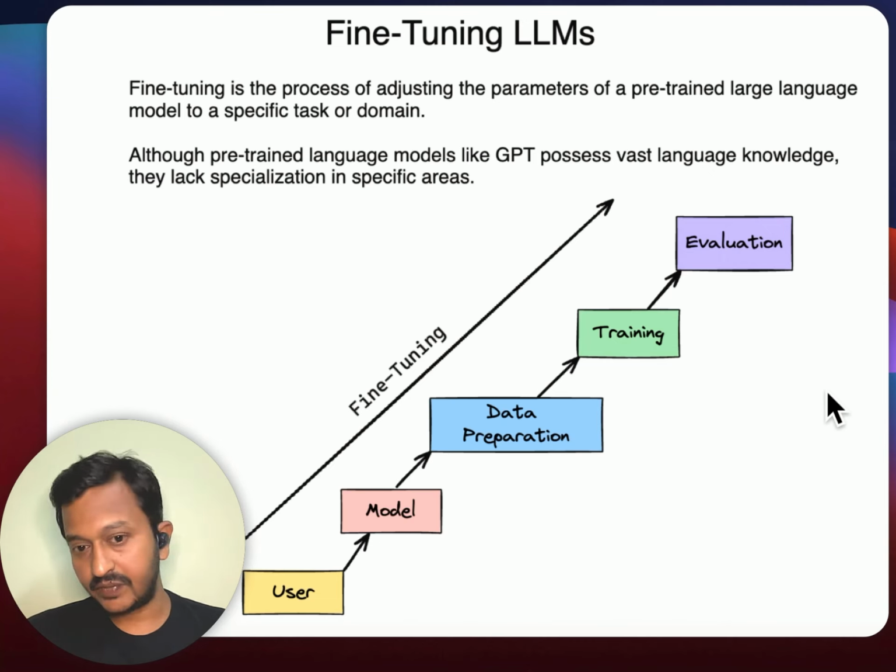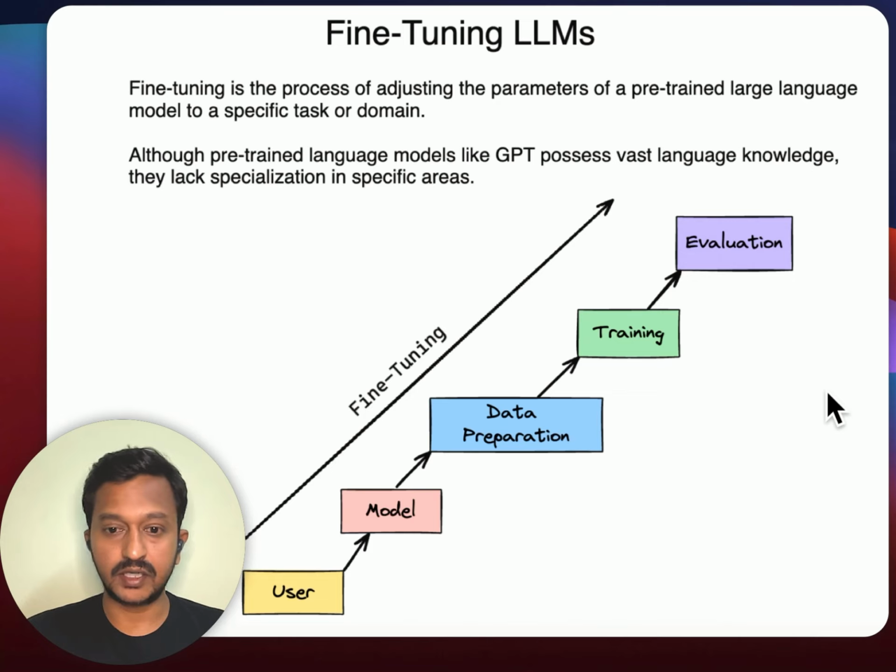As you can see in the image, fine tuning is a step by step method where you select a model. Basically, you need to select a pre-trained model, a GPT model, and then you might already have your data.